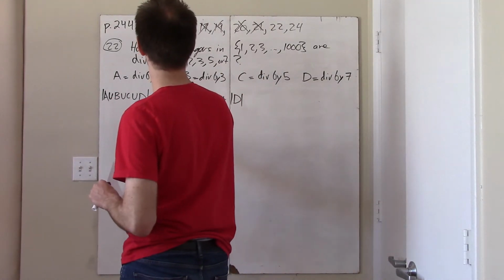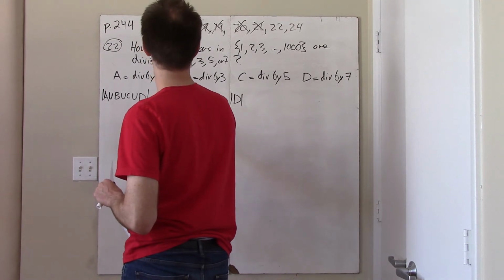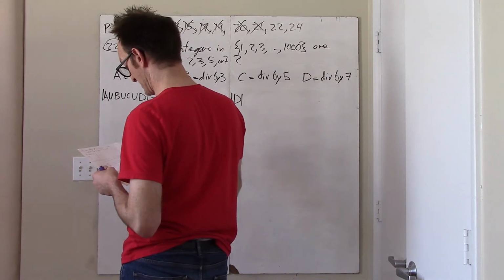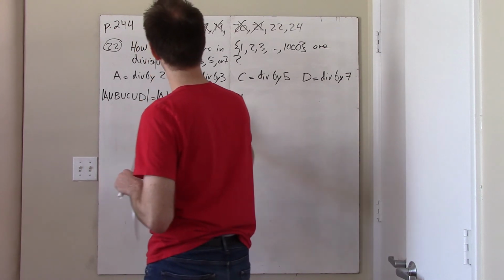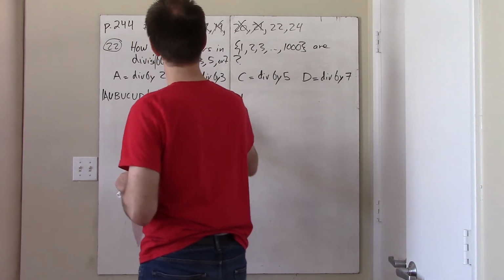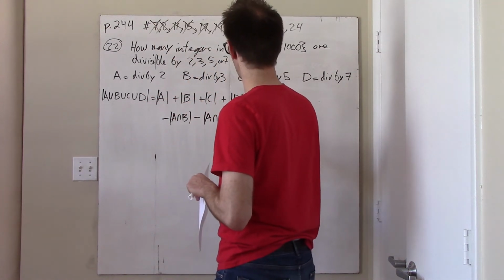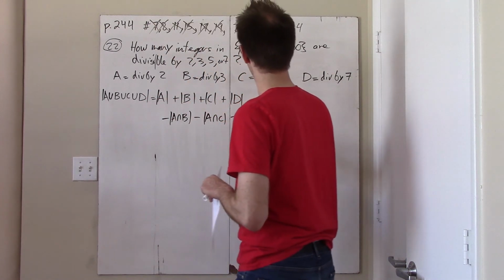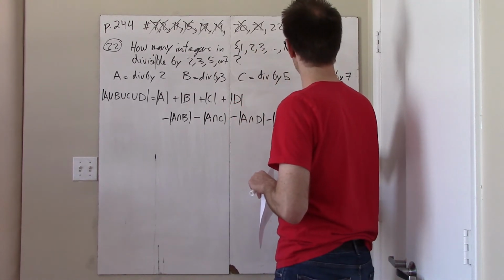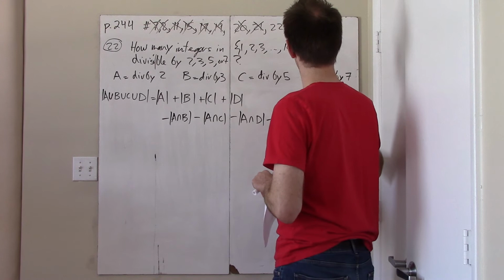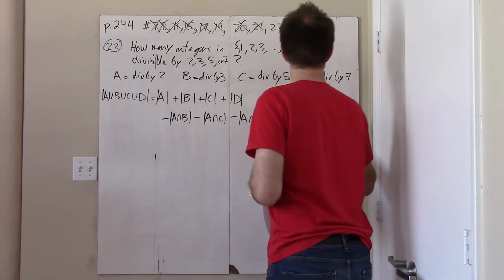Okay, so then minus, and now we're going to have 6 of these. Oh boy. A intersect B minus A intersect C minus A intersect D minus B intersect C minus B intersect D minus C intersect D.